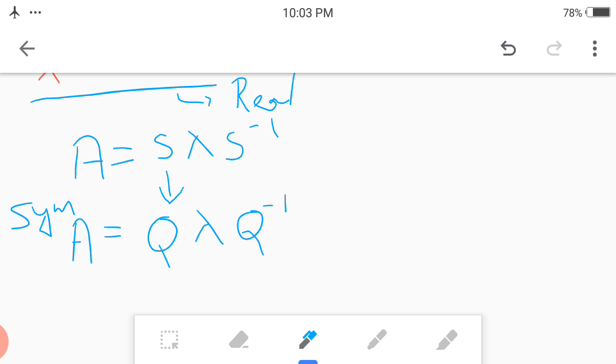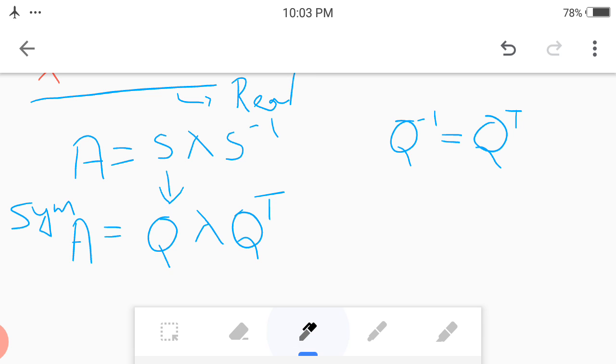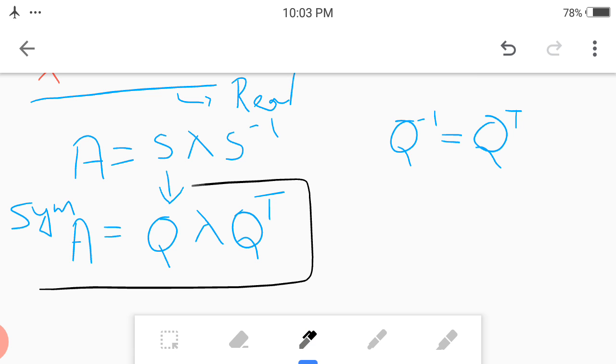We have also seen one more important property of an orthogonal matrix, that is you can get your Q inverse simply by transposing that matrix. So this becomes easier, right? So you get Q transpose. This equation is known as the spectral theorem in mathematics.